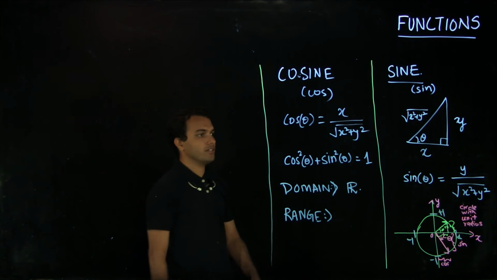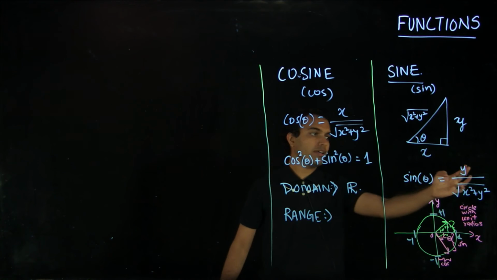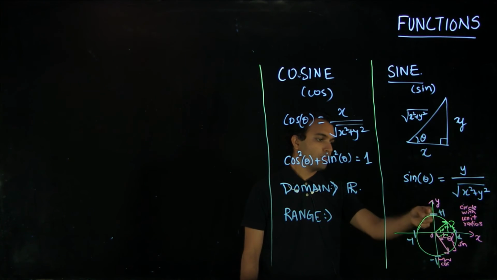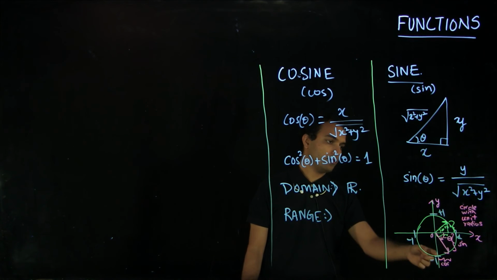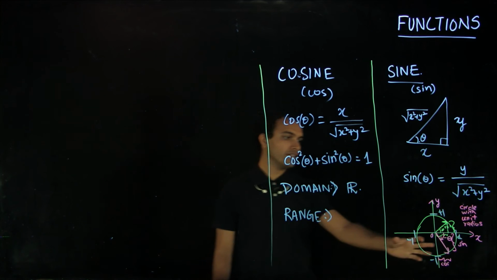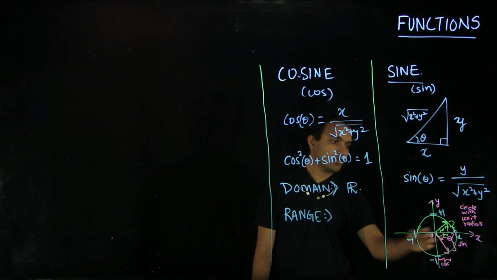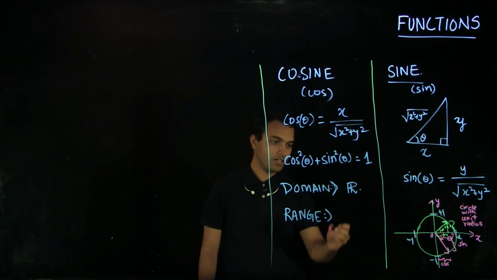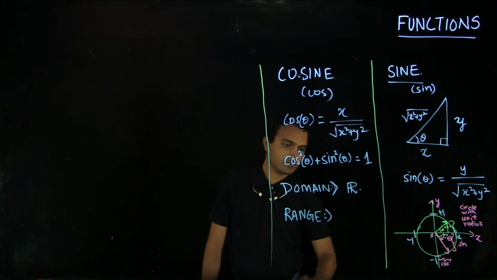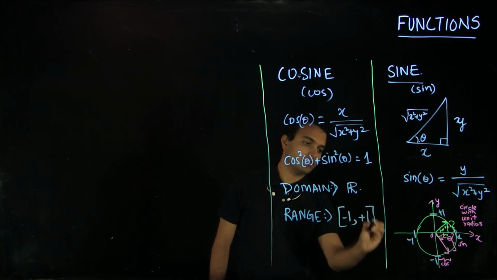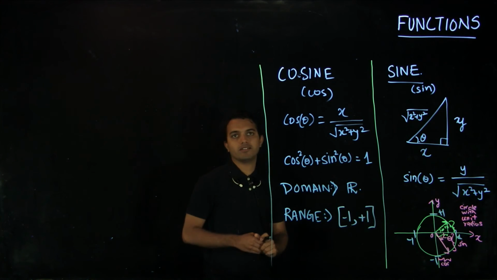And hence from this we know that sine theta is y upon the hypotenuse, which is 1 in this case, and y just goes between minus 1 and plus 1. So the range for sine, and similarly for cosine, is between minus 1 and plus 1. So for both of these functions the range is minus 1 to plus 1.